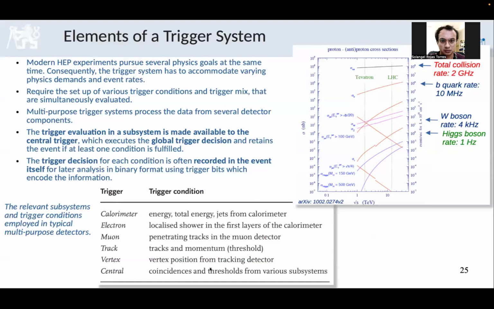This is an example of a table of how the triggers can be designed. You have in calorimeters, you can trigger on certain energy obtained, jets from calorimeters. You can trigger on electrons and localized showers, or muons that reach some muon chambers, some specific tracks on vertex position, and some coincidence and threshold variation from the subsystems, centrality, for example.